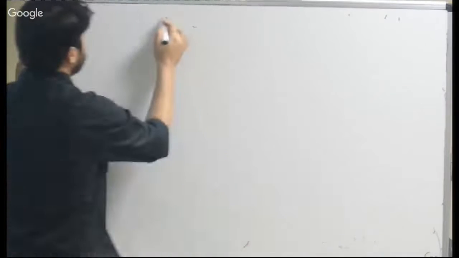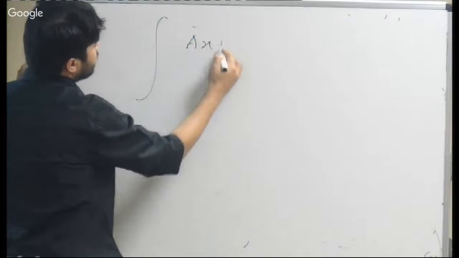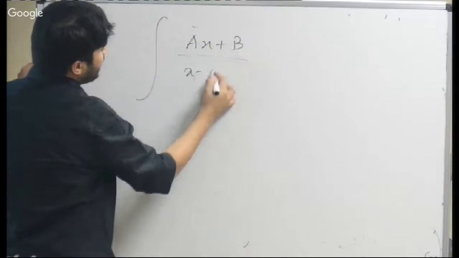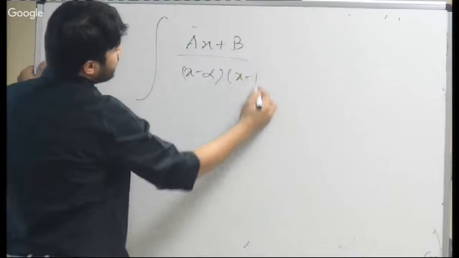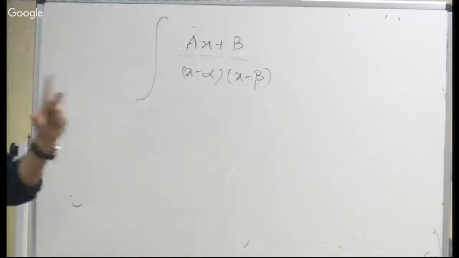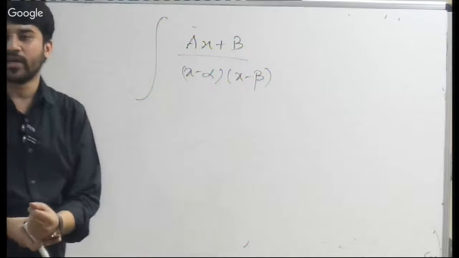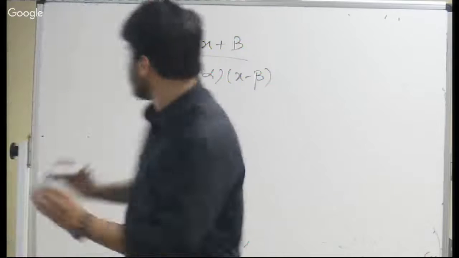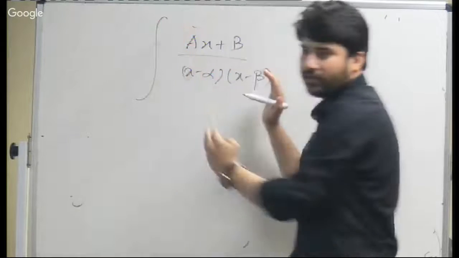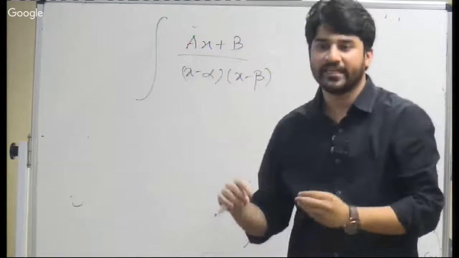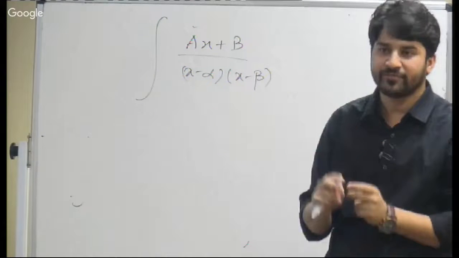So first time, whenever we get something like (ax plus b) upon (x minus alpha) into (x minus beta), whenever we get something like linear upon quadratic, we try to write the integrand, the thing which we have to integrate, as a partial fraction.